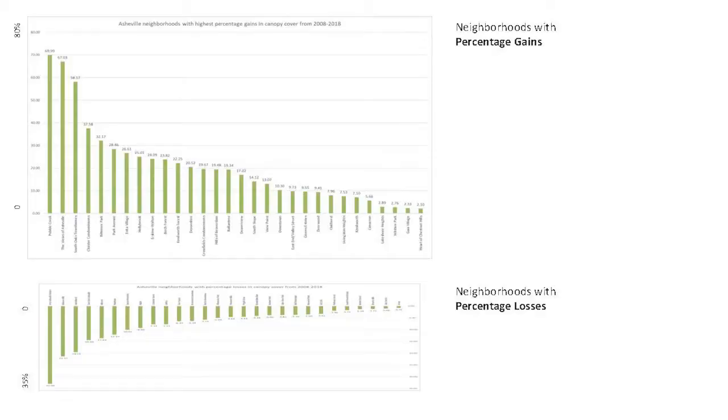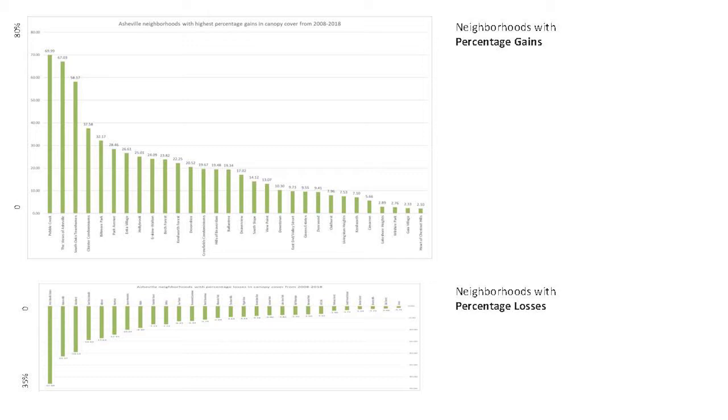So when I looked at that, I said, well, you know, 40% of Asheville's land are neighborhoods. And if I take 63 as a percentage of 890, that 40% of the land accounted for 7% of Asheville's loss. However, and I don't want you to read the neighborhood names up here, we're not calling out anybody, but I just want you to look at the trends.